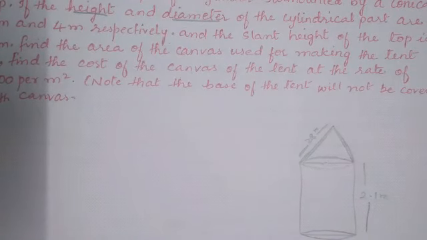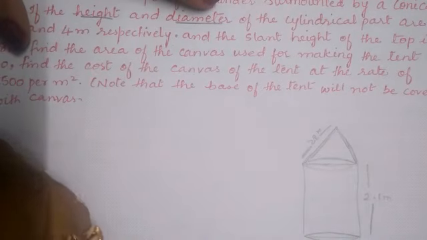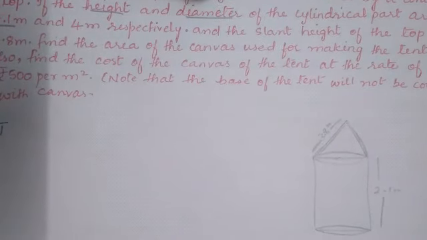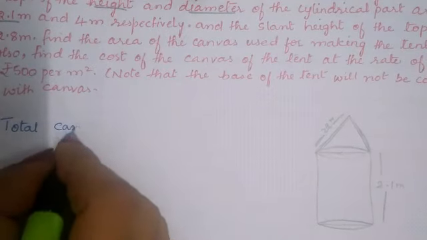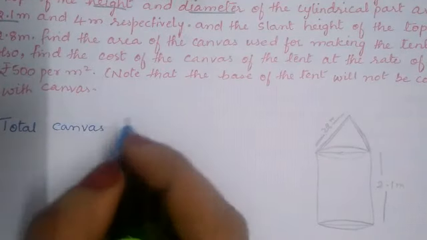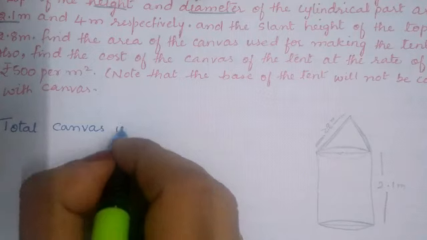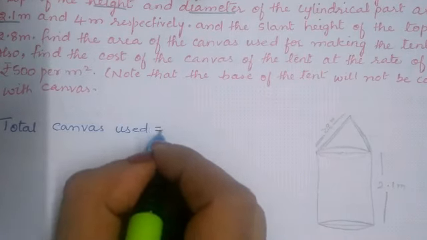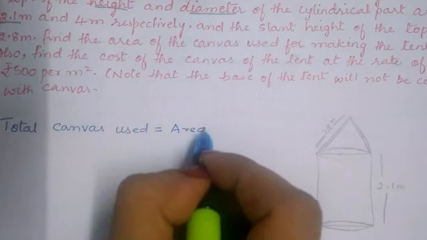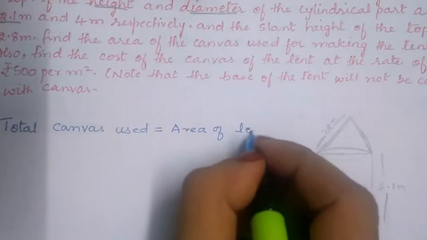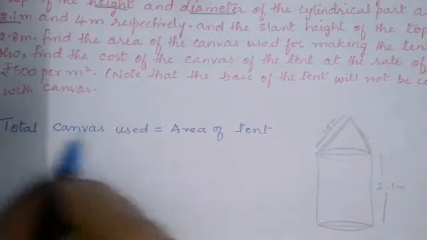Let us start writing. Total canvas used, we have to find the canvas used. Total canvas used is equal to nothing but the area of the tent. How much canvas is used?